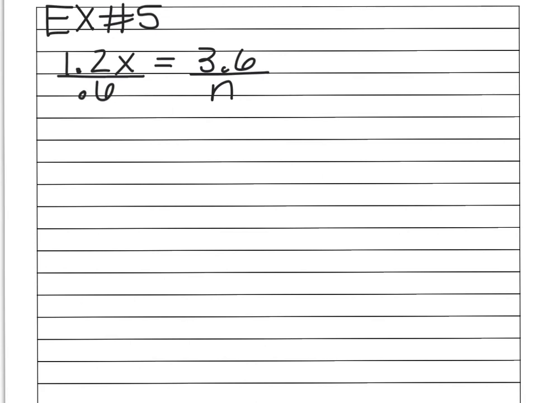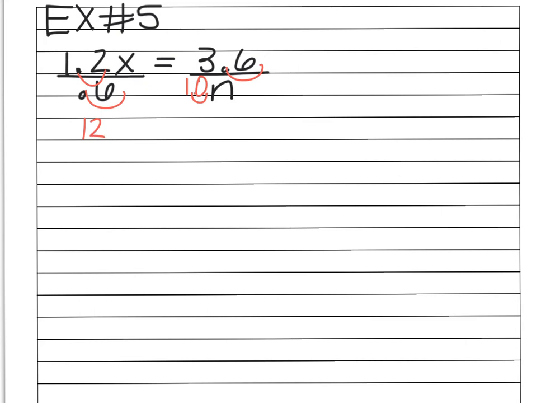Our last example, example number 5, again, I'm going to use my shortcut where I'm going to move my decimals over consistently. And here, this is a 1, so I also need to move it over here and make 10 because it's 1n. It's an imaginary 1, so I have to include a 0 there.